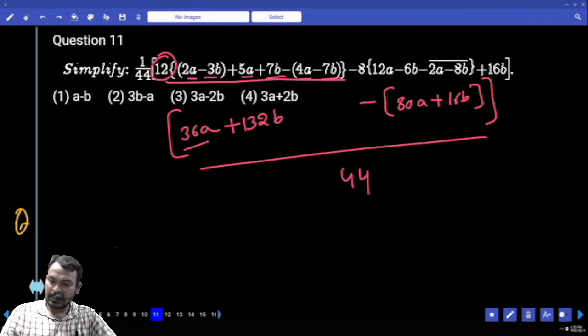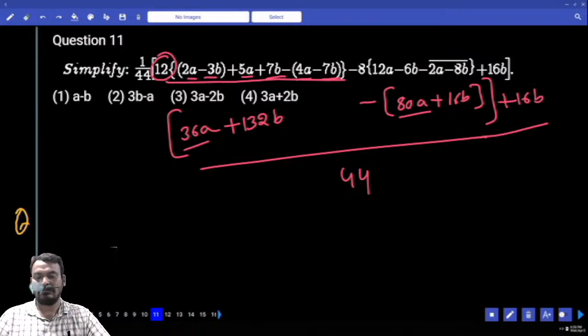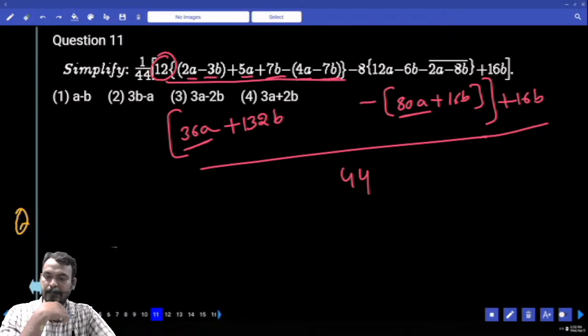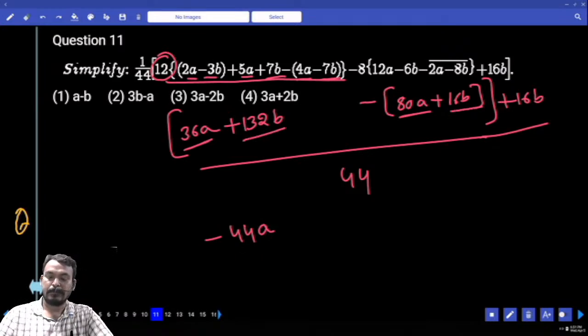First 36A minus 80A plus 16B. 36A minus 80A means minus 44A. 132B minus 16B, or minus 16B plus 16B cancel.